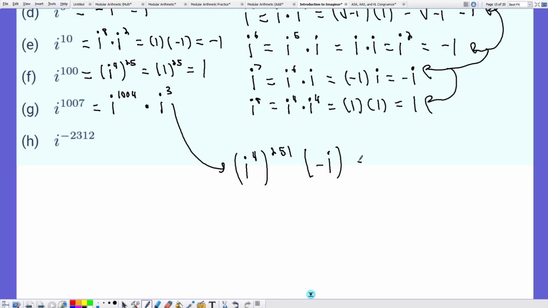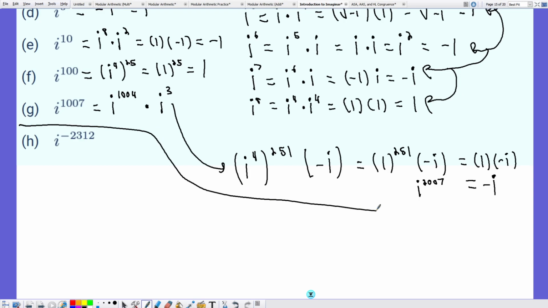And of course, i to the 4th is 1, so 1 to the 251st power times negative i. 1 to any power is just 1, and 1 times negative i is just negative i. So this establishes that i to the 1007th power is equal to negative i.